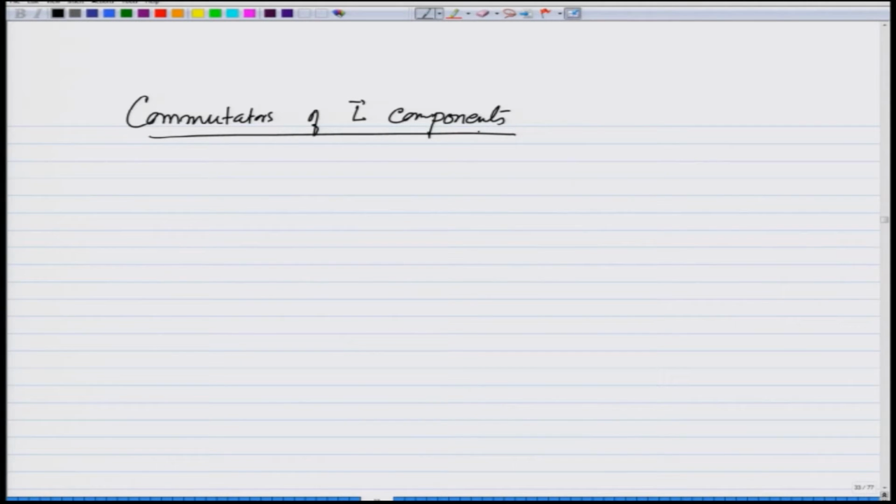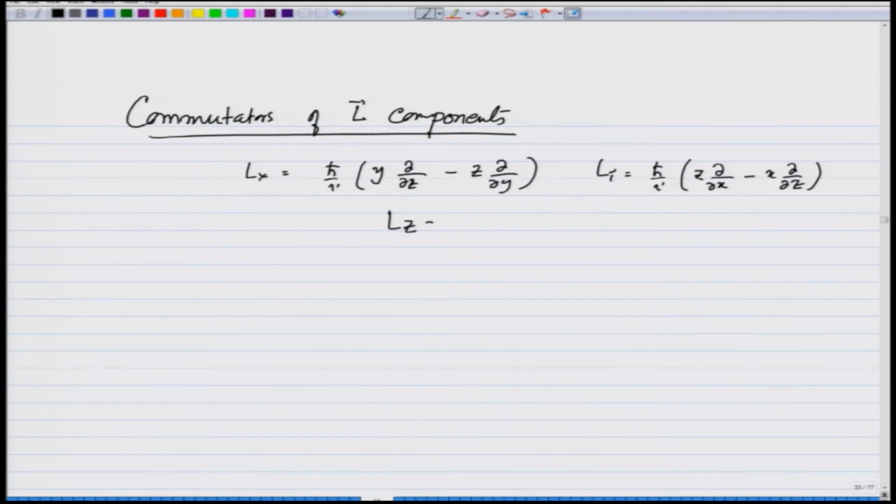So, what you will see is that Lx, which is h cross over i y d by dz minus z d by dy, Ly, which is h cross over i z d by dx minus x d by dz, and Lz, which is equal to h cross over i x d by dy minus y d by dx.